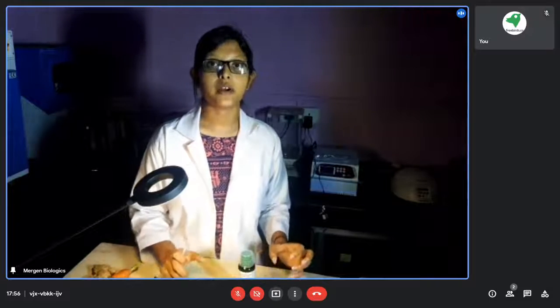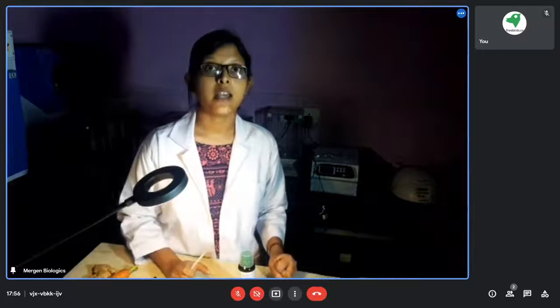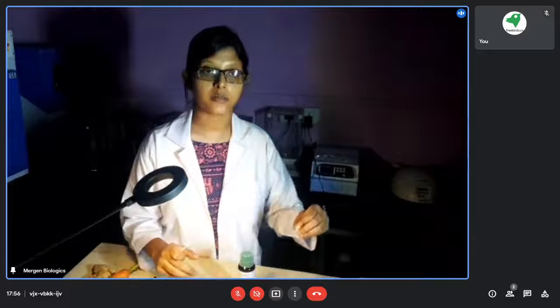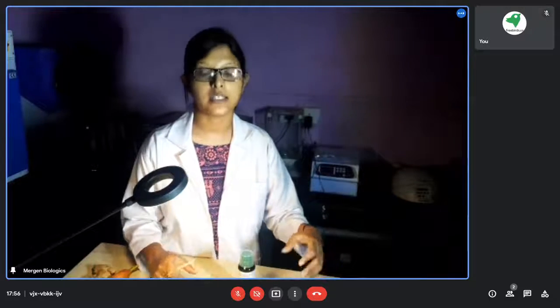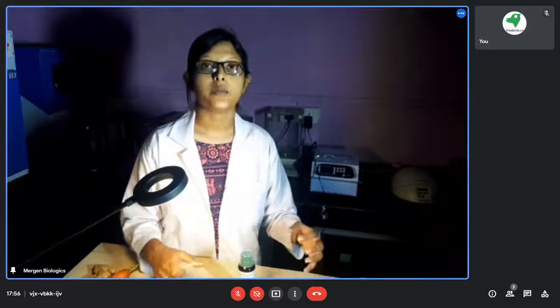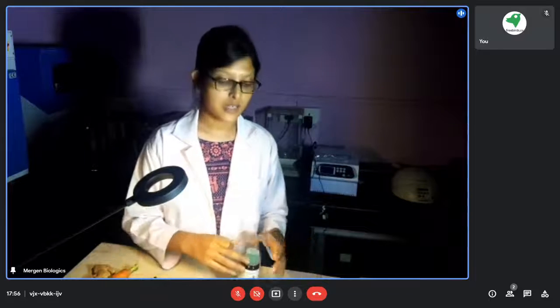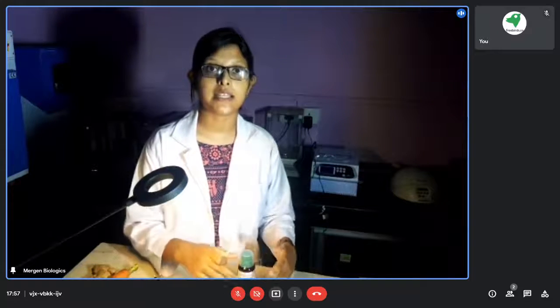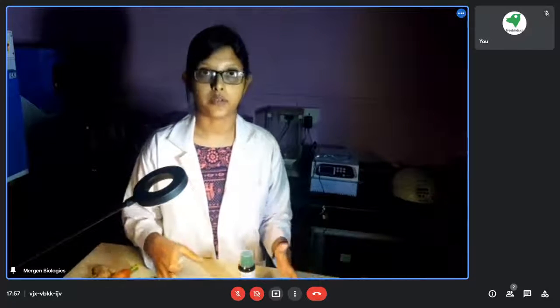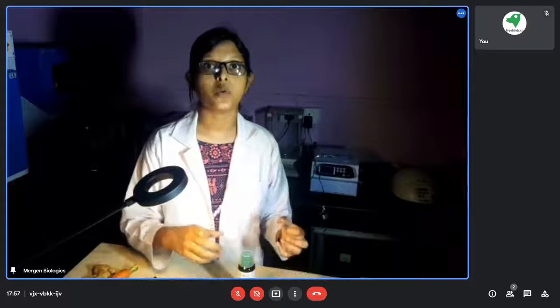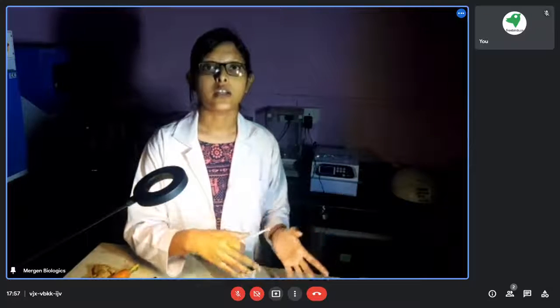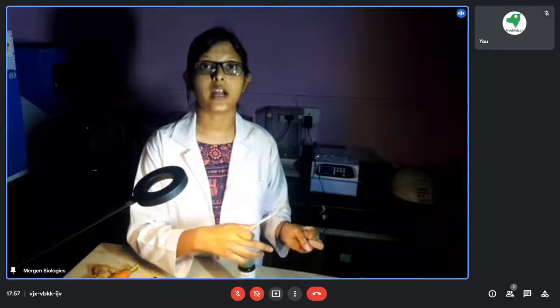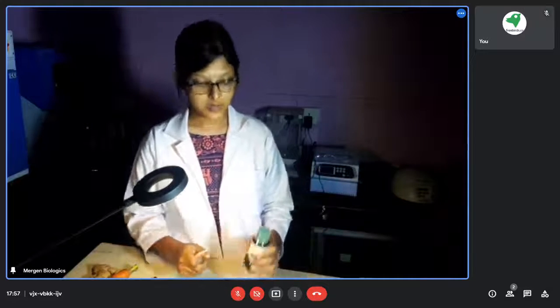In salt, the amount of iodine is very low, and when we dilute it in water or any other solvent, it becomes very dilute. So it is not enough to give us any coloration in the experiment. So we need something more concentrated than the iodine commonly found in salt. So we have used this.